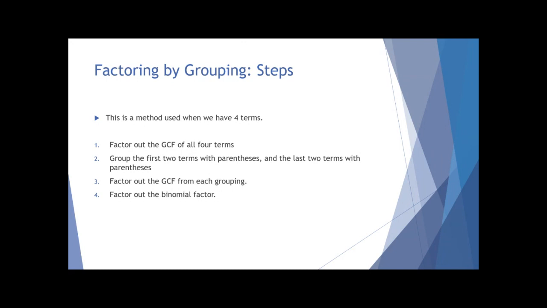You're going to end up with something in parentheses that's identical, and you factor that out. That is basically reversing the distributive property, which I showed in the factoring video with the greatest common factor. So that is the reverse distributive property.